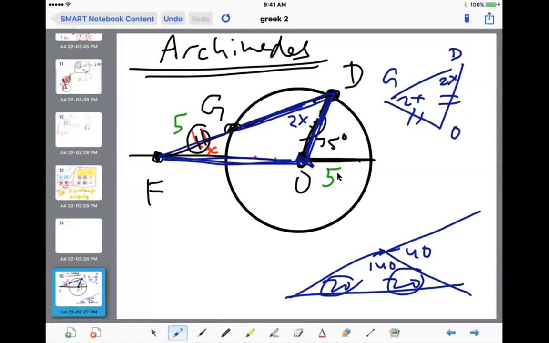I even erased line segment GO. What's the relationship between the 75 now? Because it hasn't been used at all yet. And these, can you make an equation now? It's an exterior angle. 75 is exterior to this big FOD triangle.